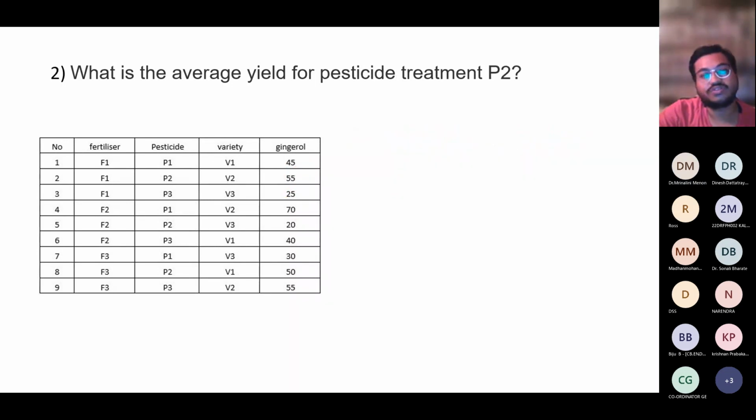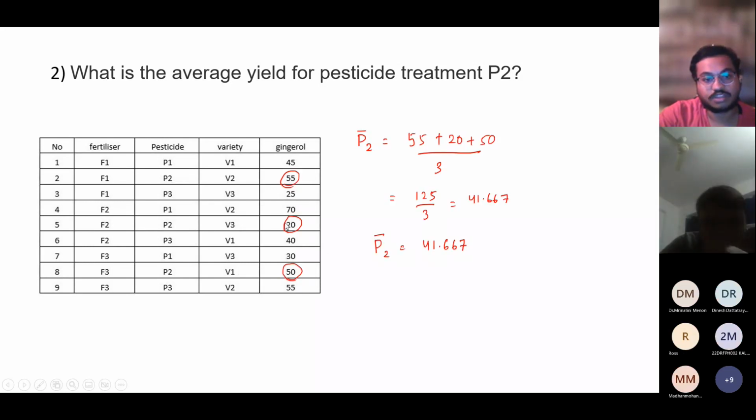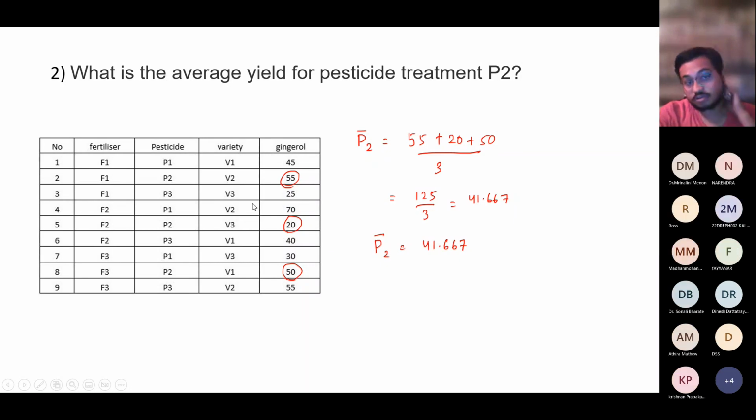The second question is also very similar. What is the average yield for pesticide treatment 2? We'll do the same thing. We'll take the places where pesticide treatment 2 occurs, sum them up, and divide by 3. Here again, the value comes out to be 41.667. That's clear, right?